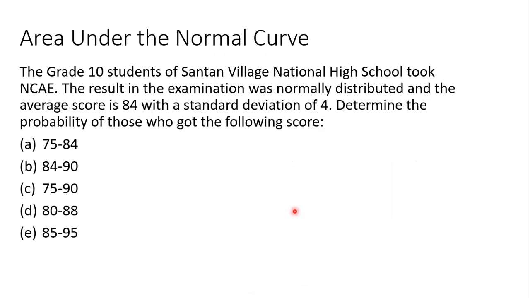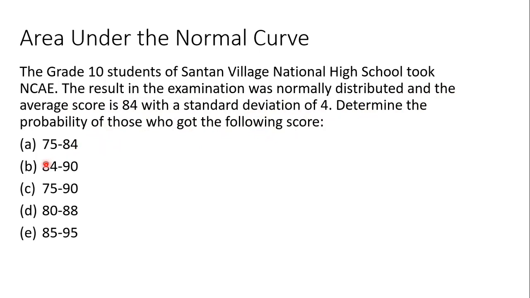So let's have another example here. Let's say the grade 10 students of Santan Village National High School took NCAI. The result in the examination was normally distributed and the average score is 84 with a standard deviation of 4. Determine the probability of those who get the following scores.